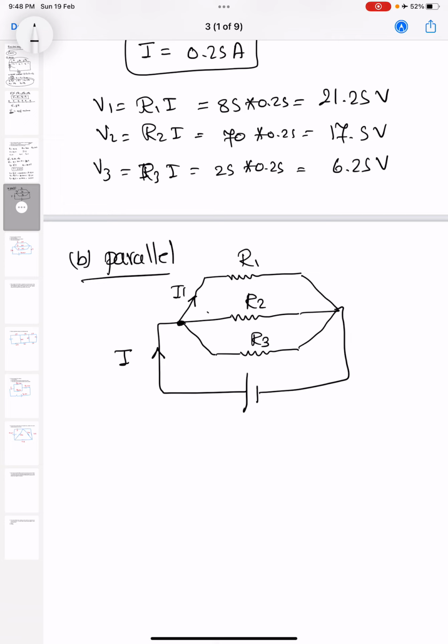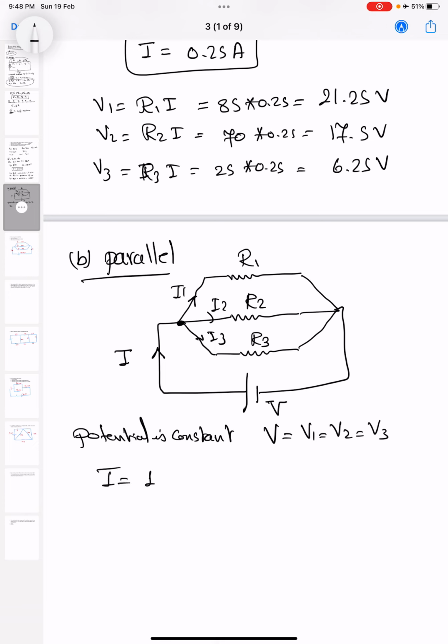Here I1, I2, I3. And this is the potential of the battery V. In this case, potential is constant. So V equals V1 equals V2 equals V3. And current is divided, so I equals I1 plus I2 plus I3.